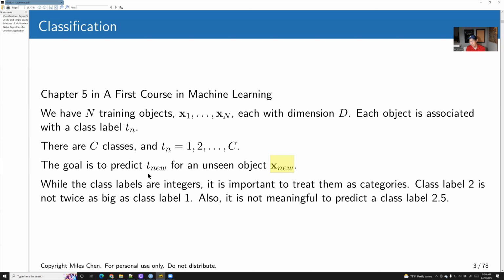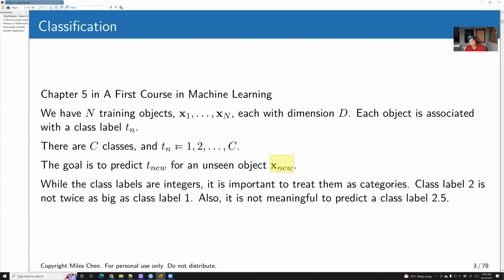Can you predict which species or which class of iris it is? Or perhaps you have a different data set, and we say, okay, if these are the numbers that we see, can we predict which class it belongs to, which category it belongs to?